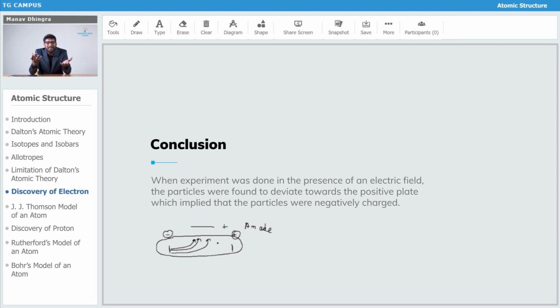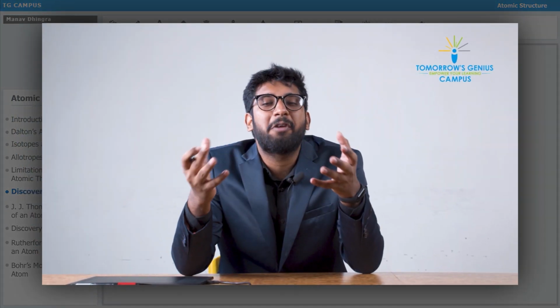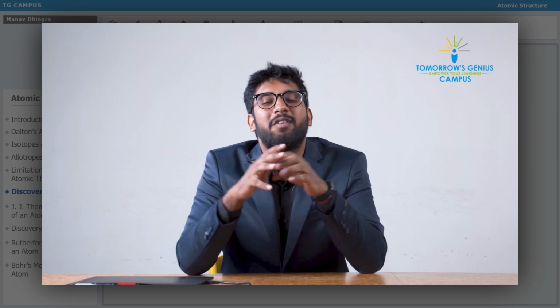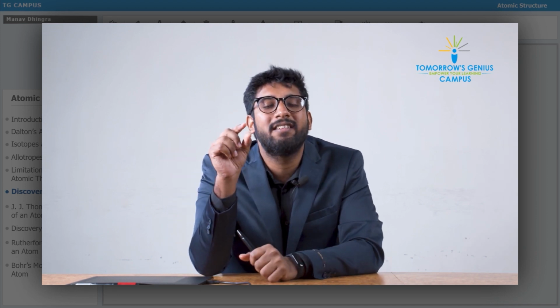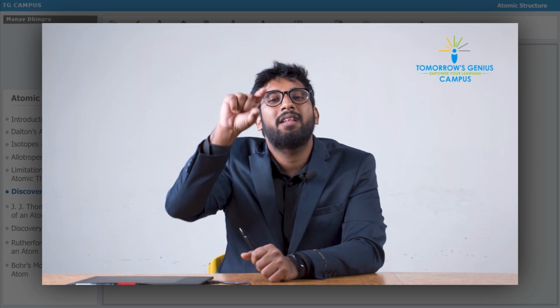They were negatively charged. Let's see the next conclusion, that these moving cathode rays have some kinetic energy. For that, we kept a small paddle, and when the cathode ray hit it, the paddle moved.